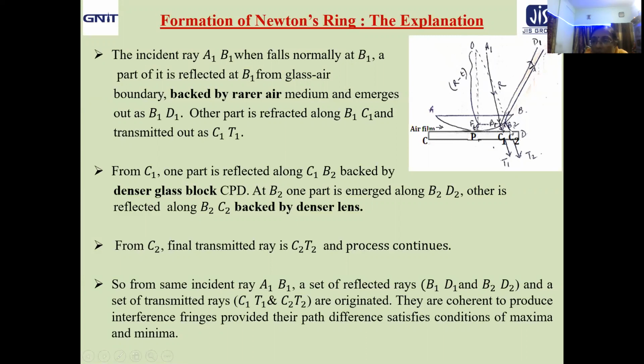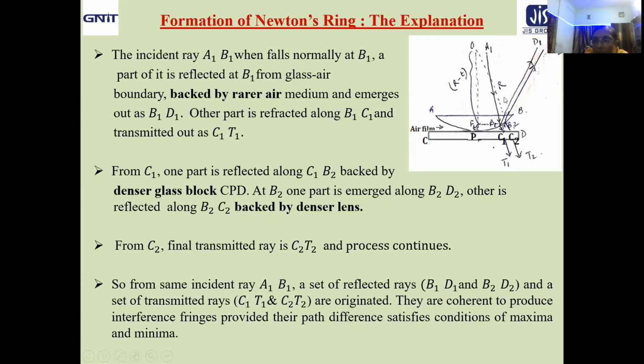At C2, you will get the transmitted beam C2 T2 and another reflected beam in the upward direction, again backed by the denser glass block. That means the process continues and we are getting the set of reflected beams B1 D1 and B2 D2 and the set of transmitted beams C1 T1 and C2 T2, starting from the same incident ray, that is A1 B1.